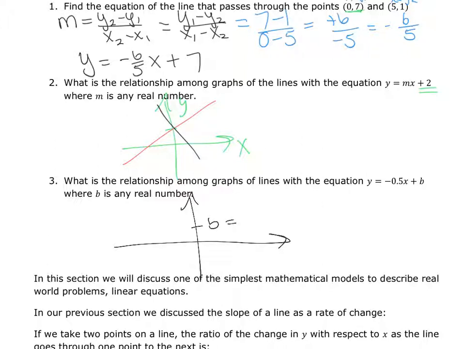We'll call this 1. We'll call this, say, negative 1. And they're all going to have the same slope. This I'm going to rewrite as a fraction to make my life easier. 0.5 is 1/2, so it has a negative 1/2 slope. And so all your lines are going to be parallel with a slope of negative 1/2. So I have all these lines that have the same slope, but they're going to have different intercepts.